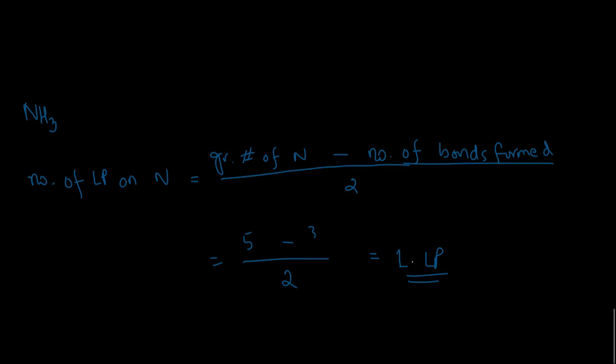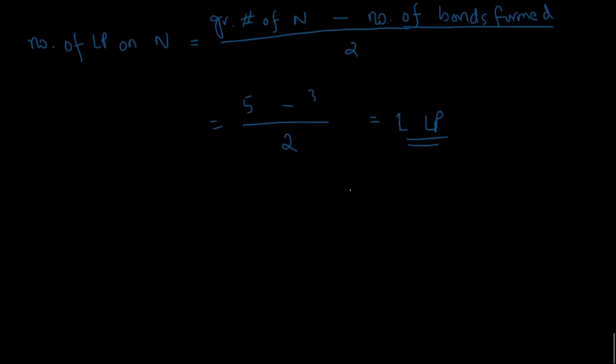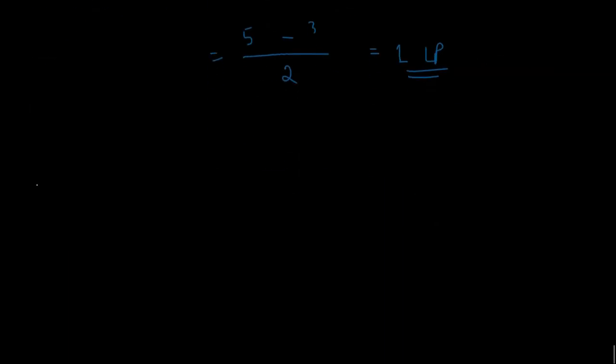Basically, what's happening is that around nitrogen you have 1 lone pair, 1 bond pair with 1 hydrogen, another bond pair with another hydrogen.